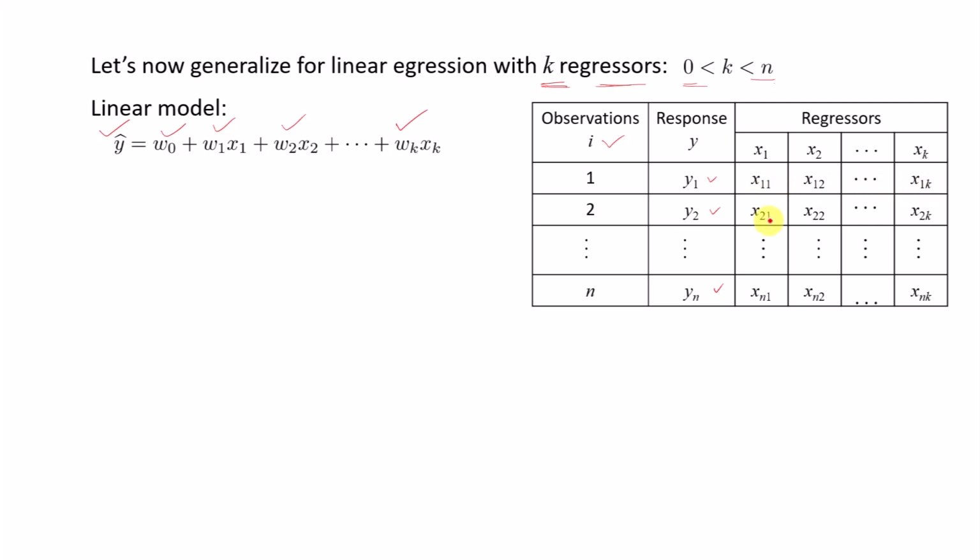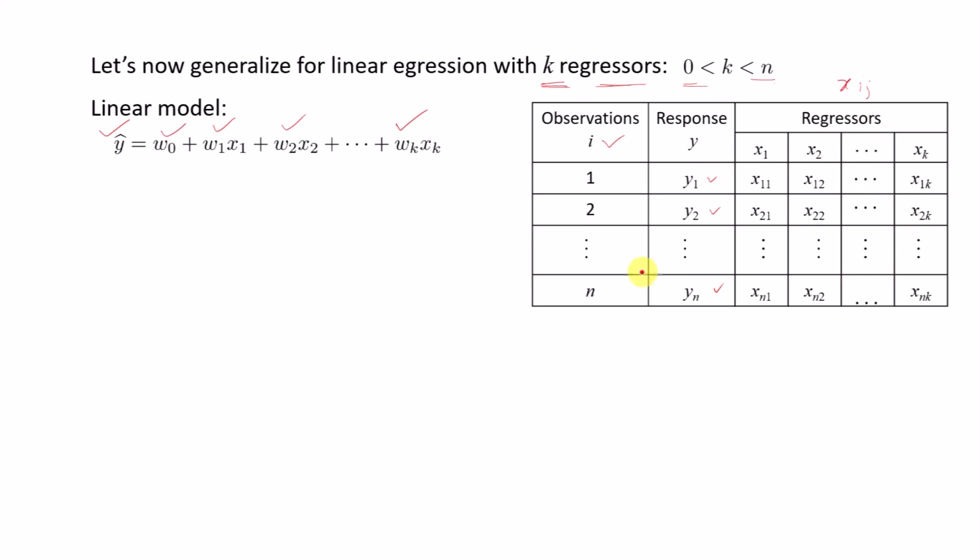Experiment 2, it is x21, x22 up to x2k. For experiment n, it is xn1, xn2 up to xnk. So essentially, in the regressor, these data points are xij, where this i is coming from the experiment number, and j is the particular regressor we are identifying with j.